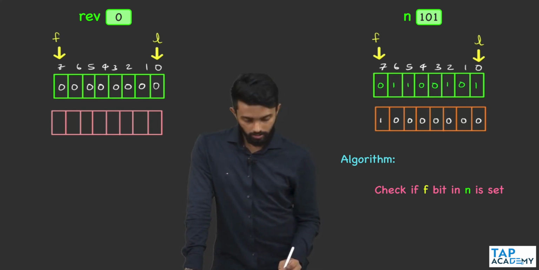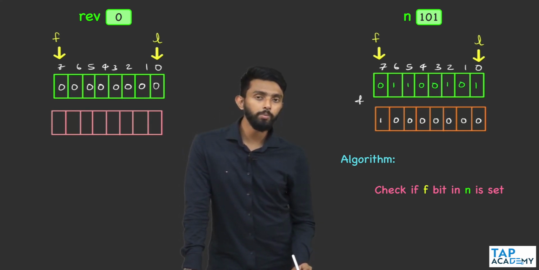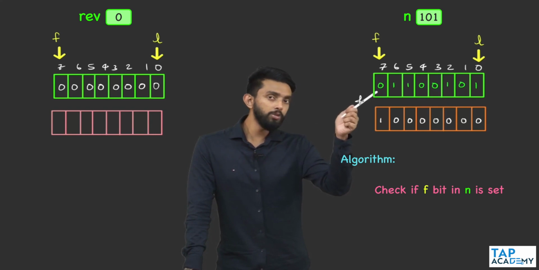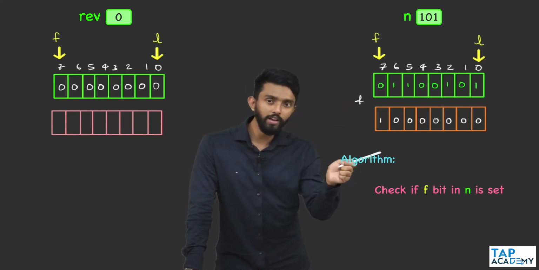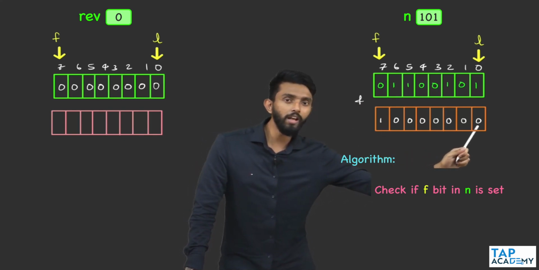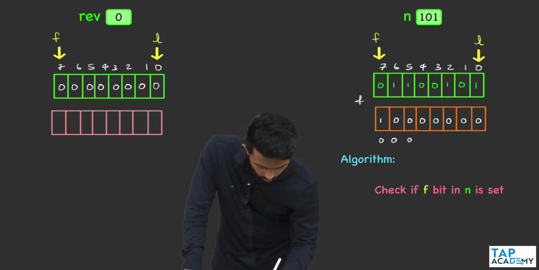And what is the advantage? The advantage is if in case I were to perform AND operation, if this bit was set, I will get 1. If this bit was unset, I will get 0. And anyway, since everything else is 0, everything else will be 0, which means what should I be getting here? Because it is unset, I will get 0, 0, 0, 0, 0, 0, 0, 0.